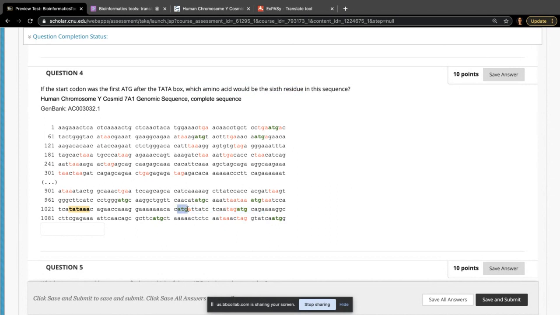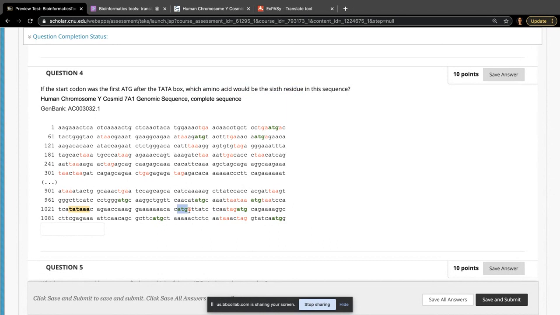So the methionine is your first amino acid. So it's the ATG, and it's not only the start codon, but it actually encodes an amino acid. The stop codon doesn't encode the last amino acid. It's just no amino acid there.